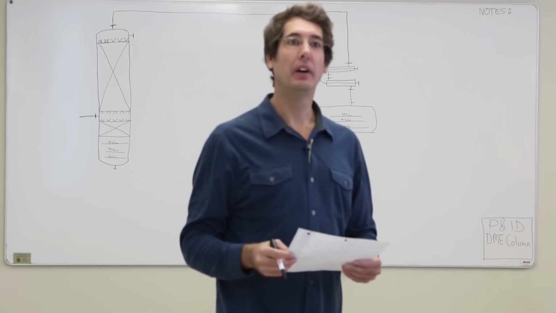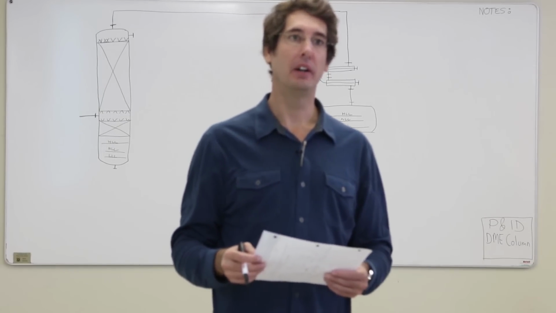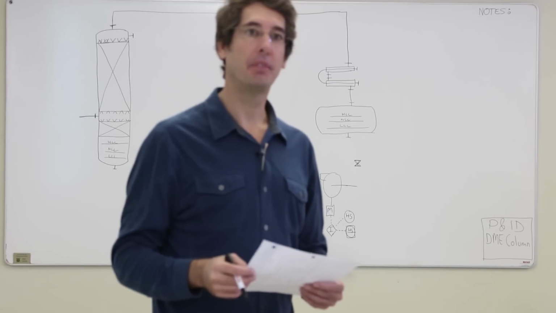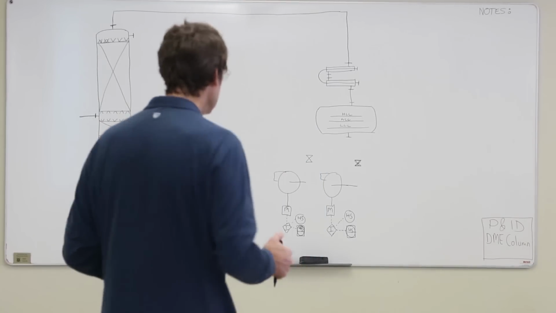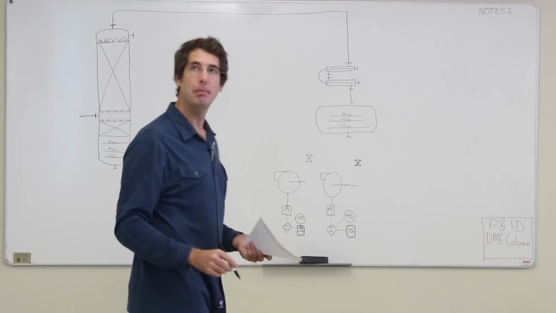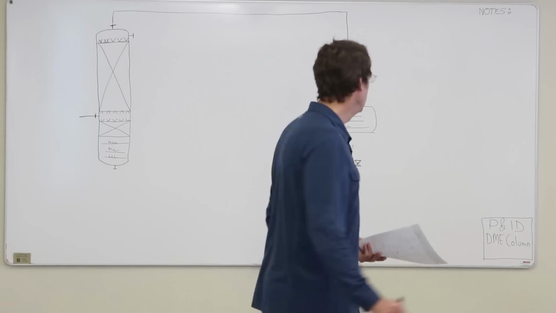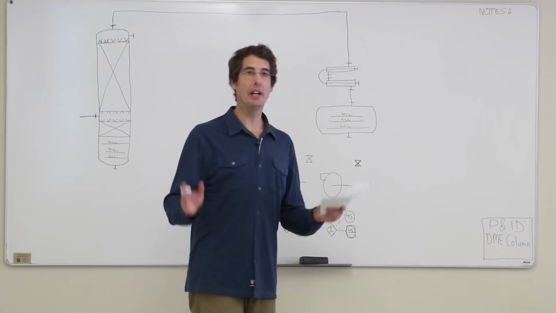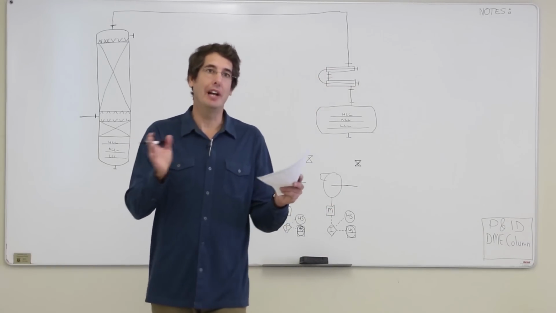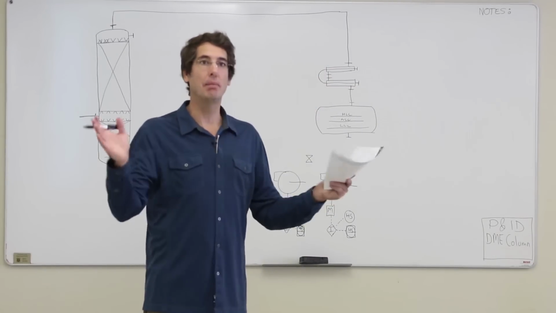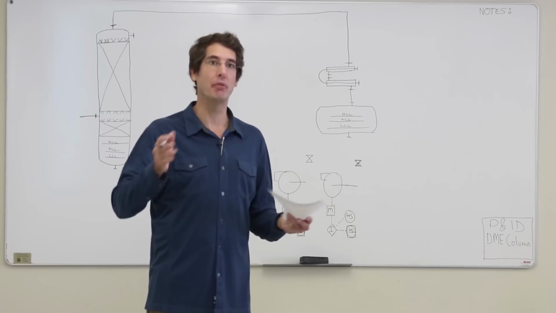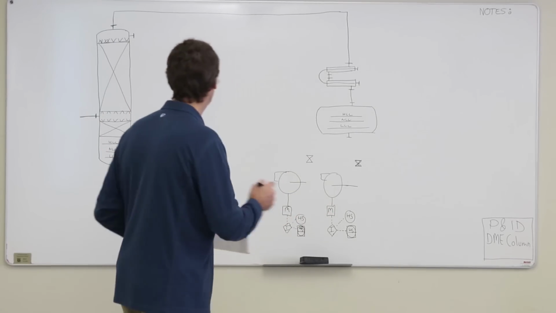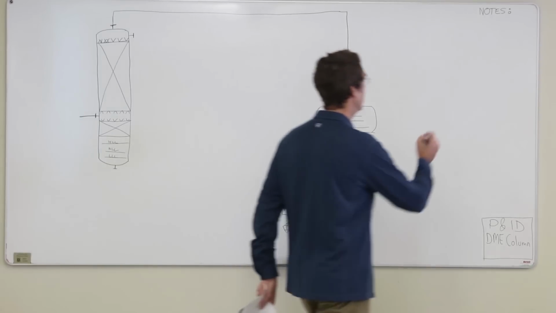I have a question about the hand switches, because a lot of pumps can run either automatically or manually, so they have a switch for both. Is that something that we would have to indicate on the P&ID, or how would we do that? Yeah, usually what you do is you have a standard. Every electric motor, every pump has the same standard for the way the stop-start stations are going to work.